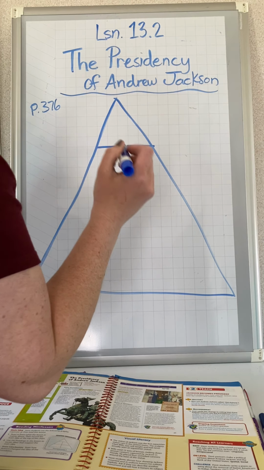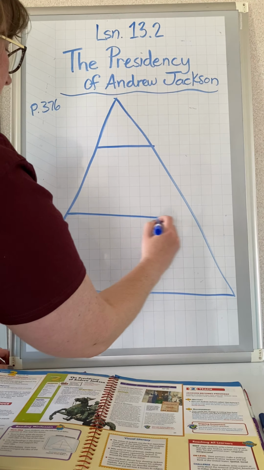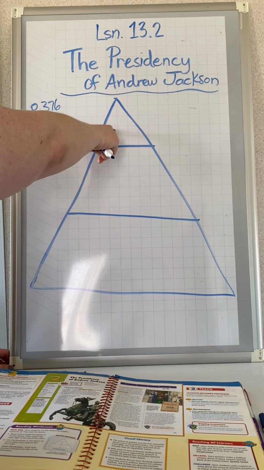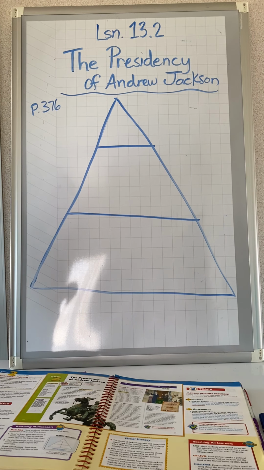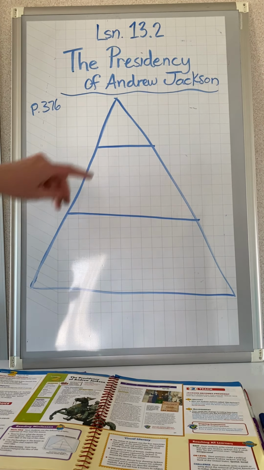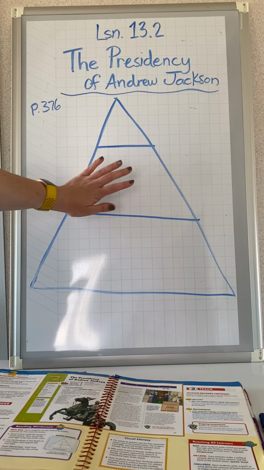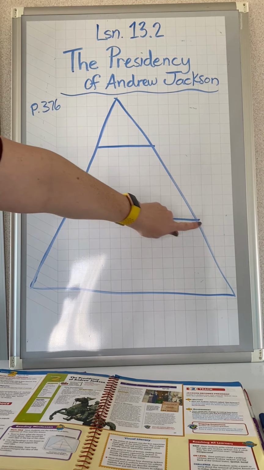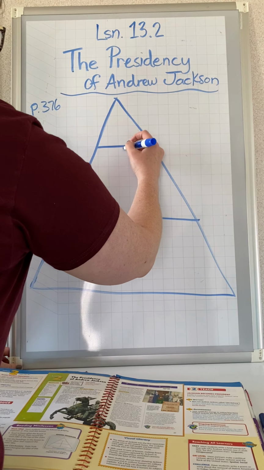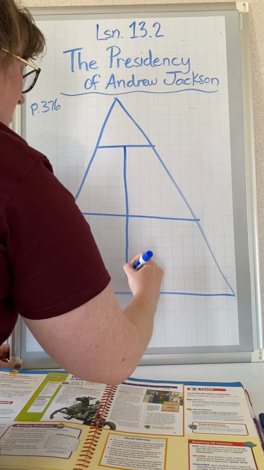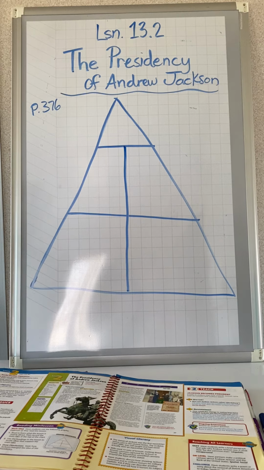Okay. And technically, you split it so it has a top. Now the top, we're going to write the main idea of the lesson in there. So you'll want some room, so don't make it too tiny. And then you're going to draw another line that splits the rest of it in half. And then a line down the center that splits that in half. So it should look like that.